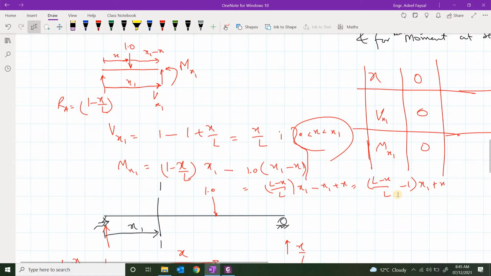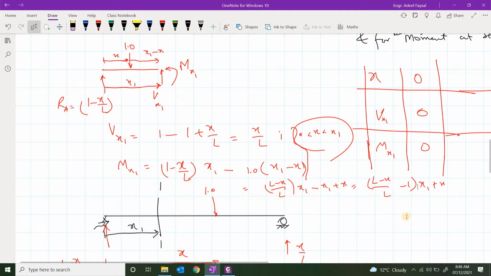What do you think? Is it a first degree line equation in terms of x, or a second degree? What is the degree of this equation? First degree in terms of x. It means you are again expecting a straight line, and that means you only need to plot 2 points and then join them by a straight line in order to plot this.